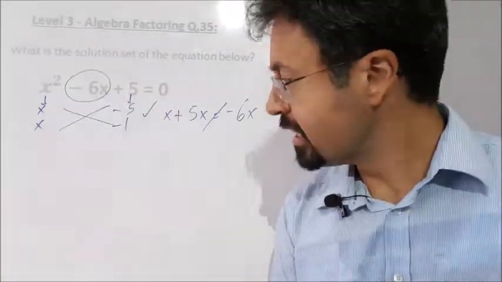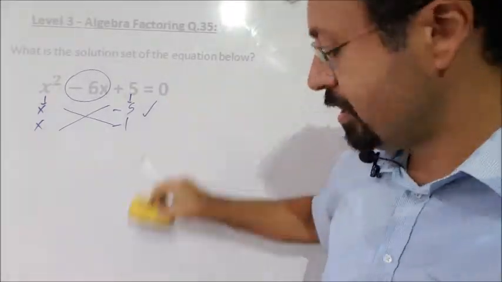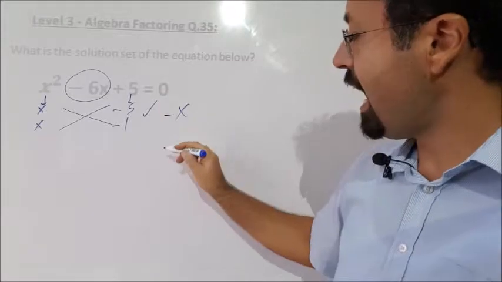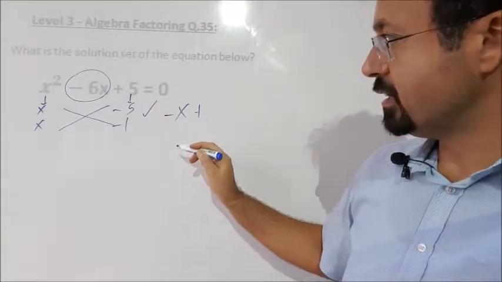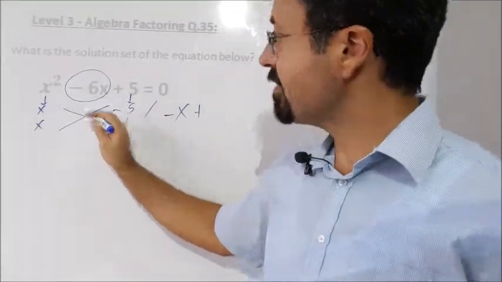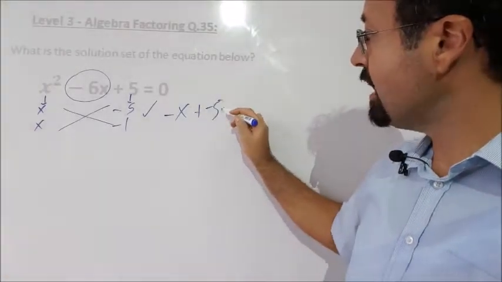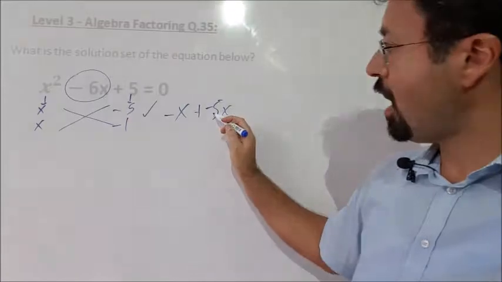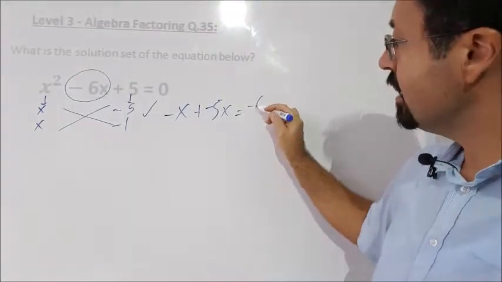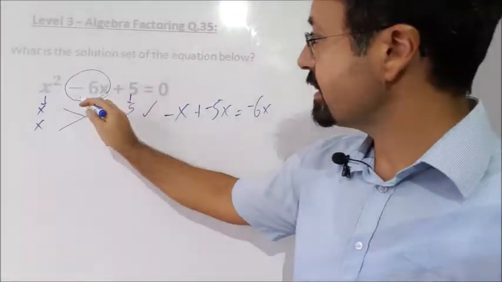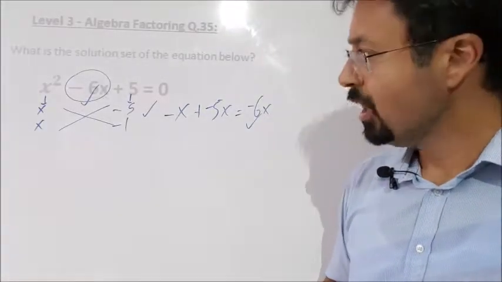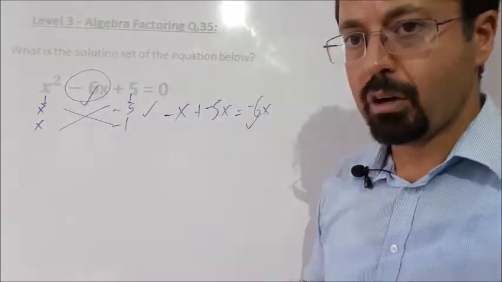And the second thing that we check is minus 1 times x is minus x, plus minus 5 times x is minus 5x, which gives minus 6x. Check. Check. Okay? So we have it correct here.